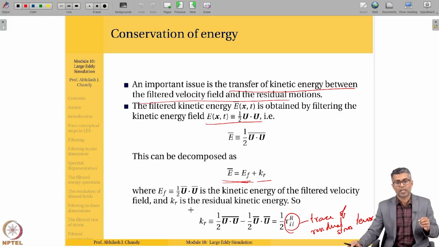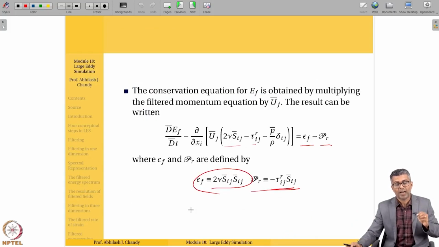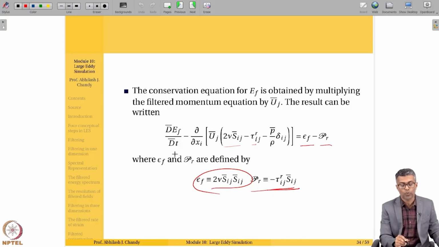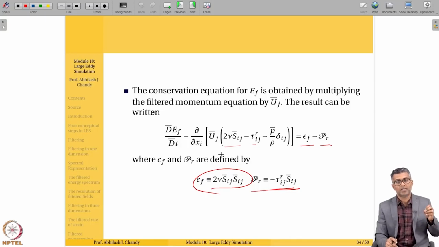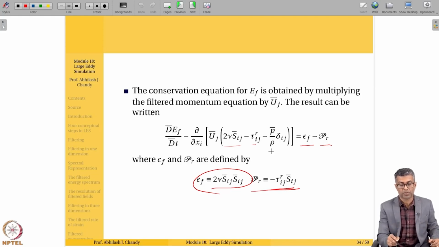Now, the idea of doing it like this is that when we derive an equation for EF, by taking the filtered momentum equation and multiplying it by uj bar, we get a transport equation for EF that looks like this. The leftmost term is the rate of change of EF, the d dt of EF, as a material derivative, and the second term on the left hand side becomes a transport term.